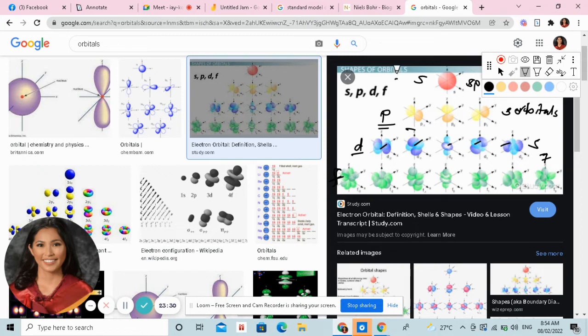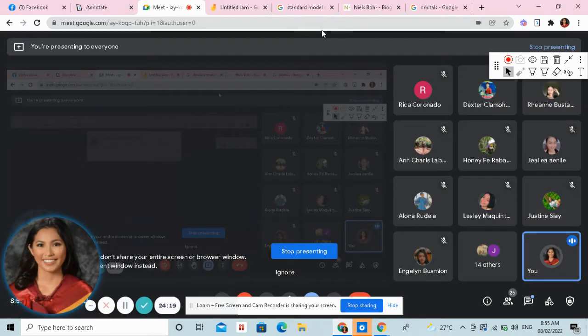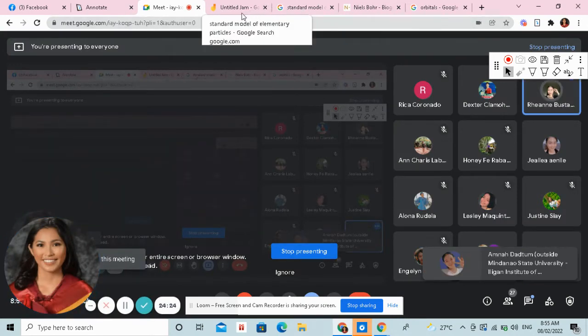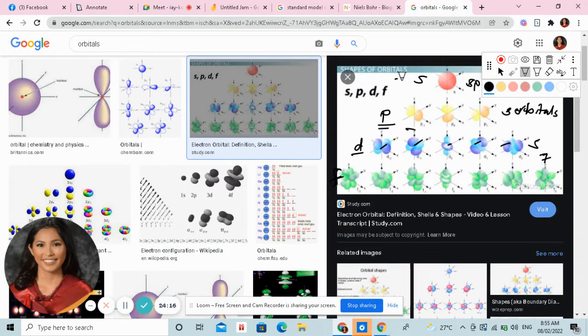According to the Pauli exclusion principle, no 2 electrons in the same atom can have the same set of quantum numbers. So each orbital can only hold 2 electrons. In the S orbital, how many electrons? 2, ma'am. Okay, so we have 2 electrons.